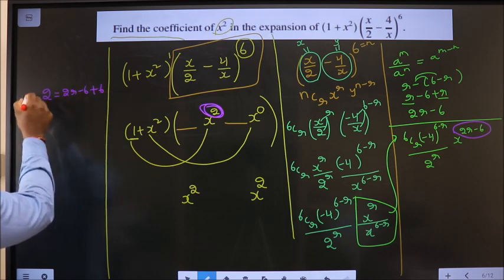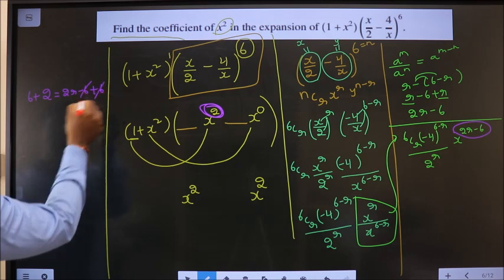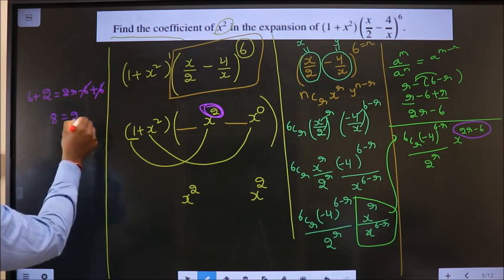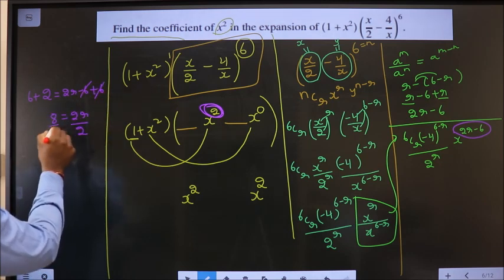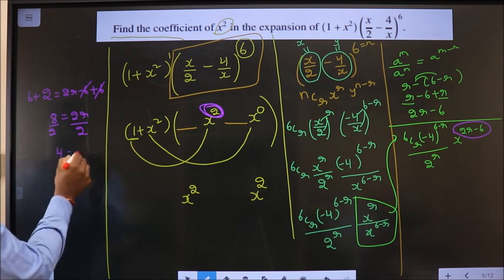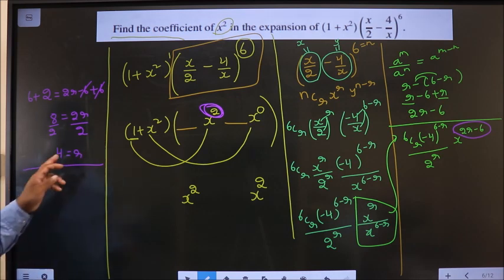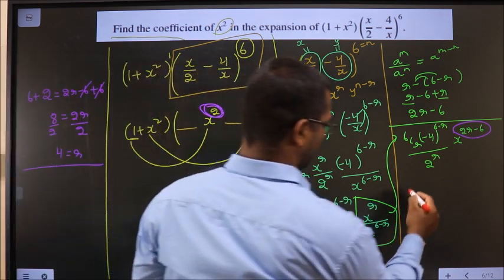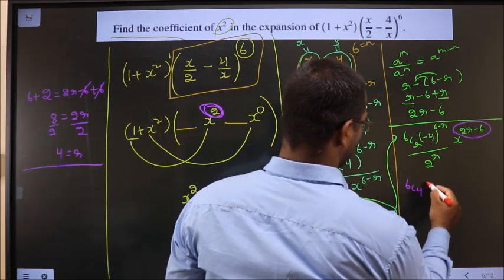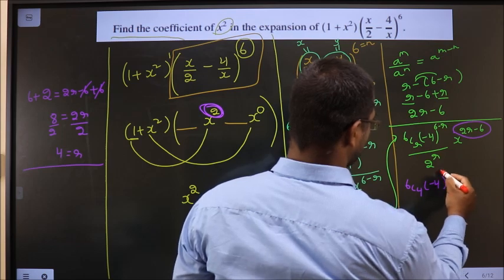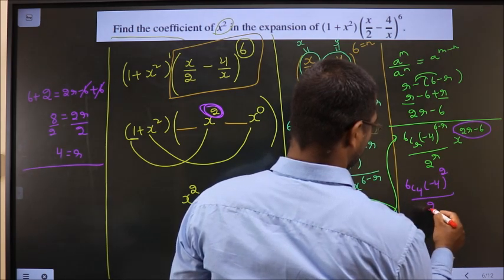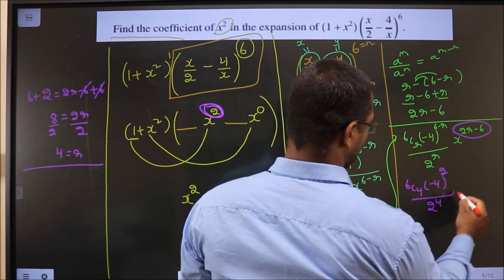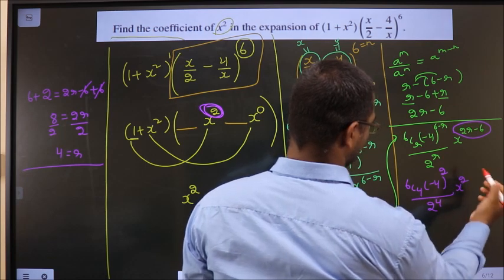Add 6 now, such that this cancels out, 8 equal to 2r. Now divide by 2. So 4 equal to r. Replace r equal to 4 in that. What do you get? 6C4 (minus 4) power 6 minus 4 is 2 by 2 power 4 into x power 2.